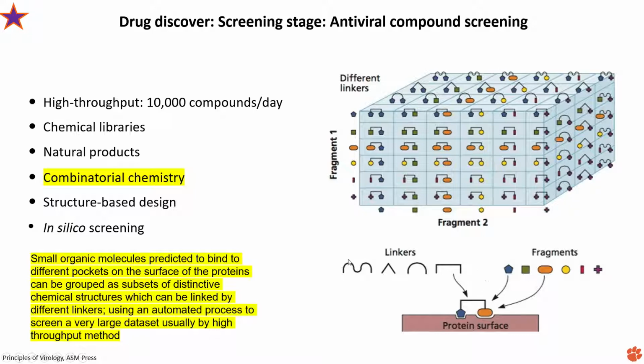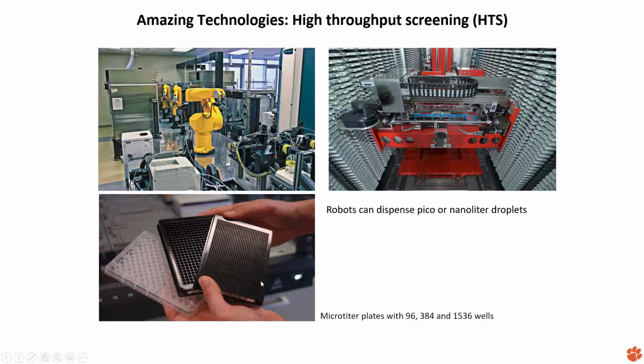You can see that these are linkers, and you can bind those. This process, which you need to underline, is known as combinatorial chemistry. So antiviral compound screening by combinatorial chemistry does this process. These two highlighted things are important.